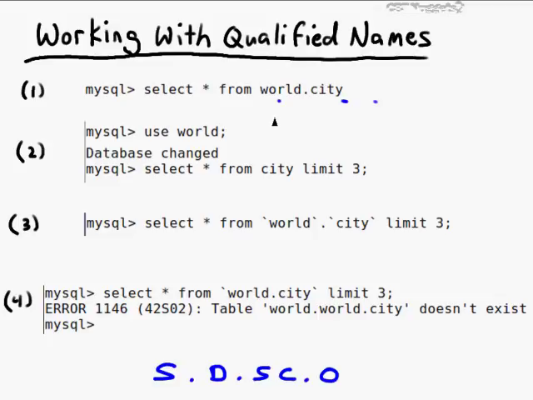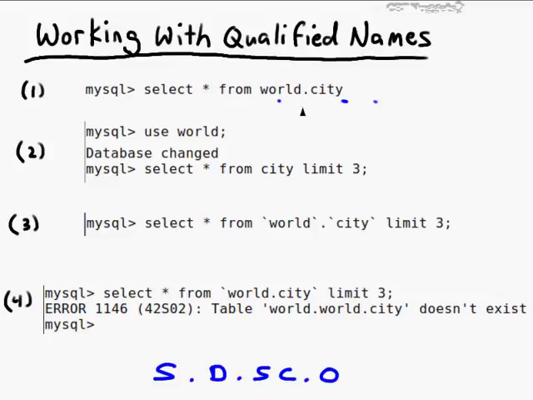Now, when do we need to fully qualify a name? Let's look at code sample 1. Here we're saying select star from world.city. Now, as long as you do have a database named world in your instance, and there's a table named city in the world database, this select statement will work all day long.